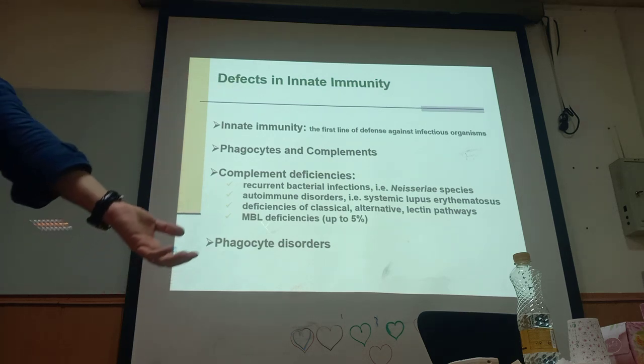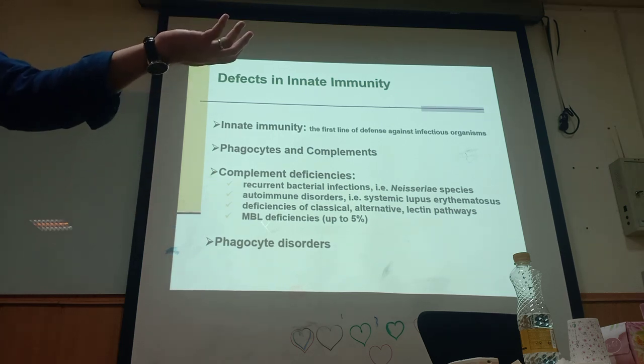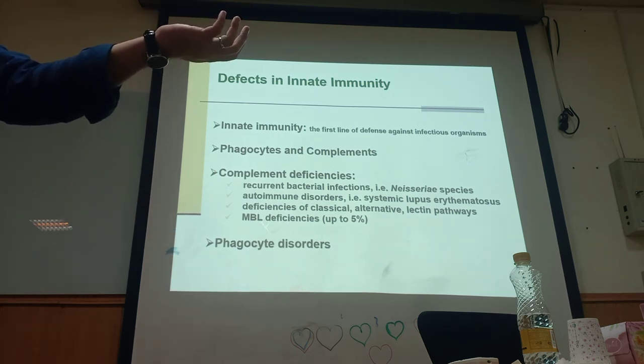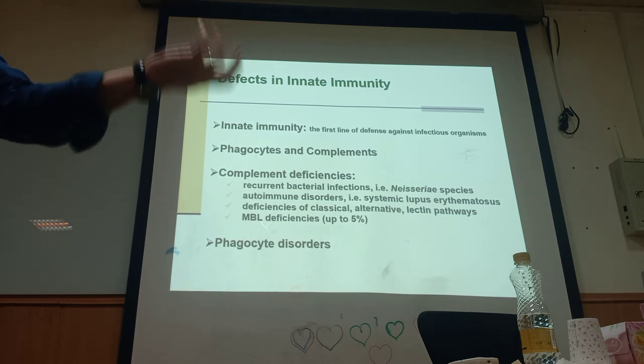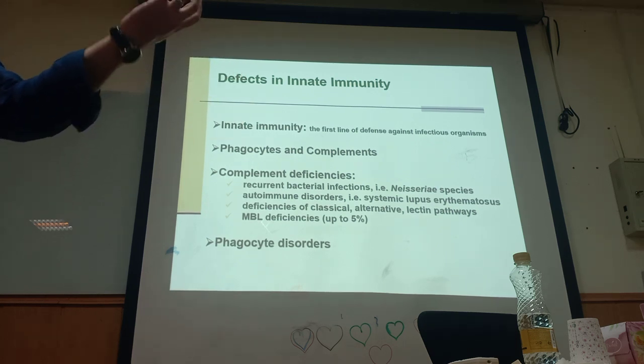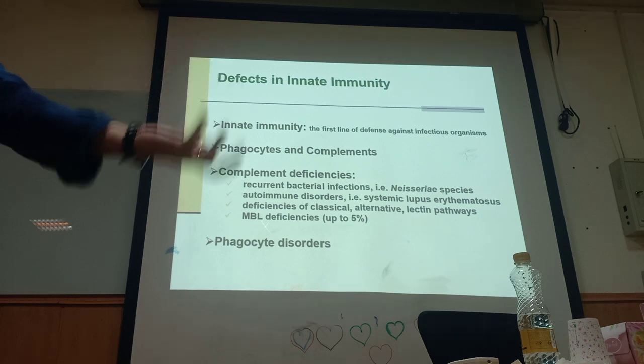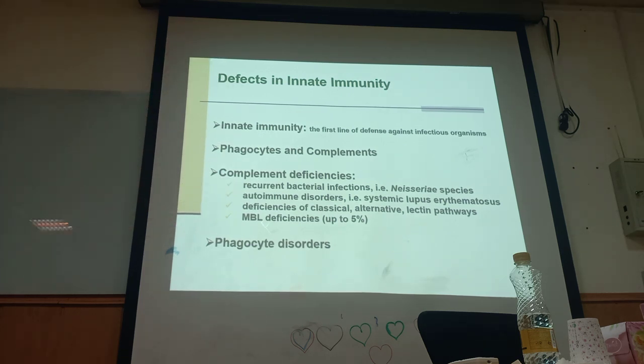What about the humoral part of innate immunity? Complement. What about adaptive, the cellular part? T cells. What about the humoral part? B cells and antibodies.